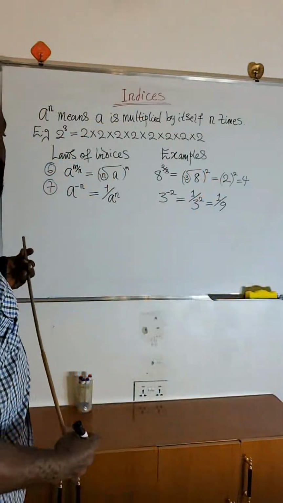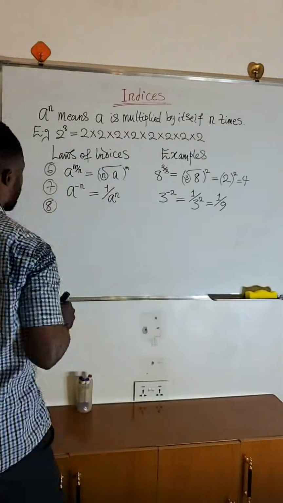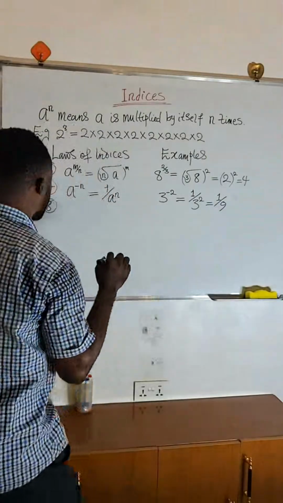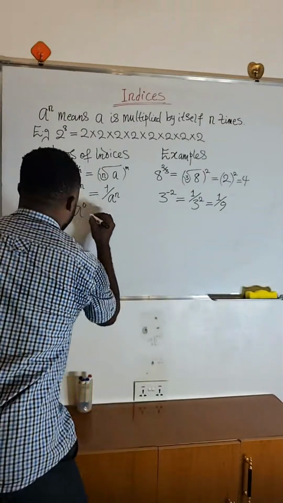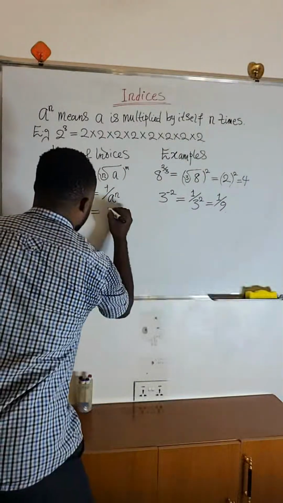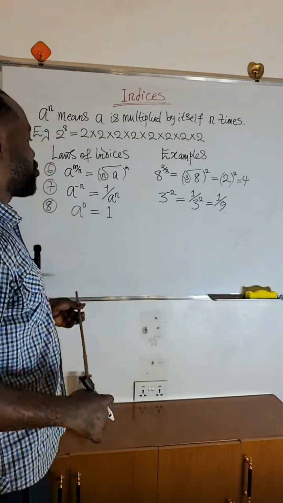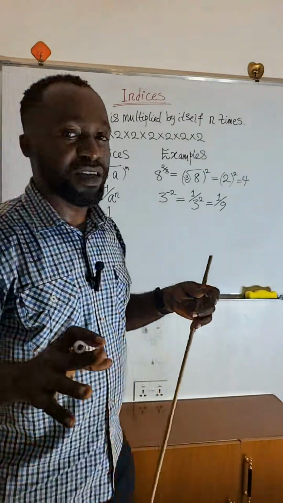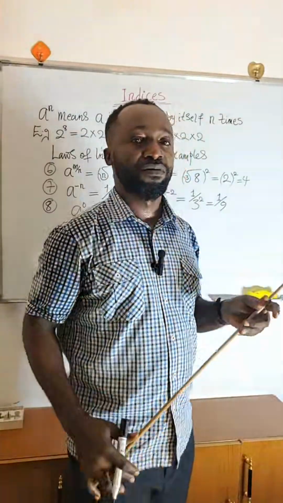All right. Then you can have number 8. You can have something like a raised to the power of 0. This one is equal to 1. Any integer in this world raised to the power of 0 is 1.